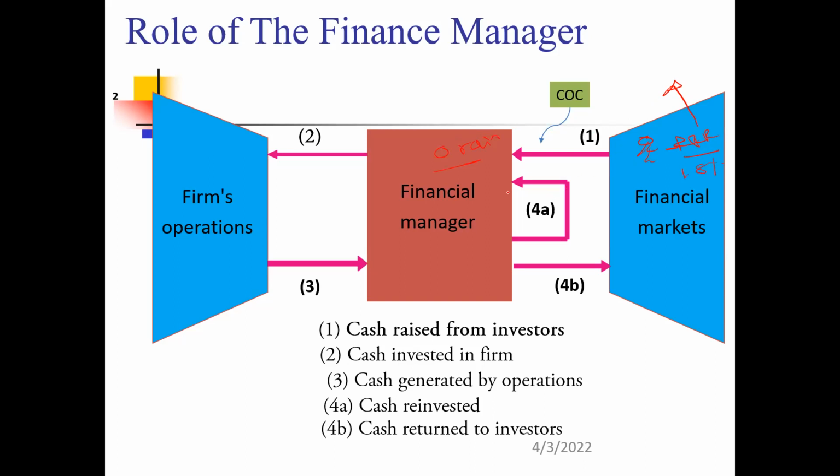I have to estimate my required rate of return by looking at the market portfolio and the prevailing risk. So considering everything, I have to estimate that. Then the finance manager, when raising capital from this particular investor, should be responsible for earning this 18% rate of return from the investment.